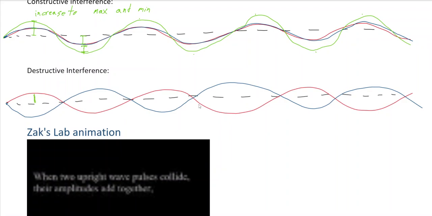So this height you can think about as positive, and this height as negative, and so they're going to cancel each other. And same thing over here and over here. These are positive, this is negative, and so on. So this will actually destructively interfere and make a line right down the middle. Two waves can actually cancel each other out.